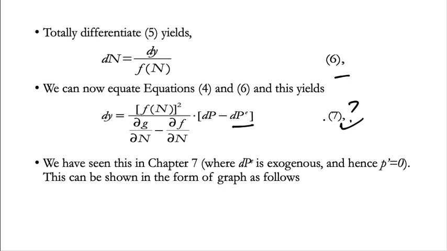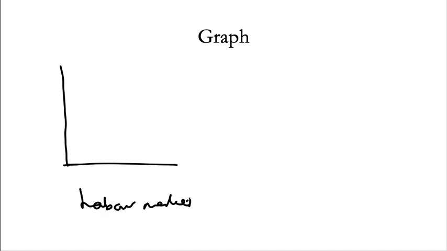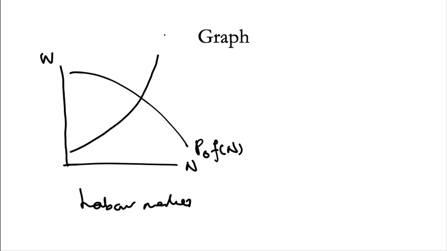So this is somehow the slope of aggregate supply. Now let's try to look at it in the form of a graph. We have the labor market. We have N here, and W here, the nominal wage. Then you have the actual price P naught times Fn, labor demand, or MPN. Fn is actually MPN.